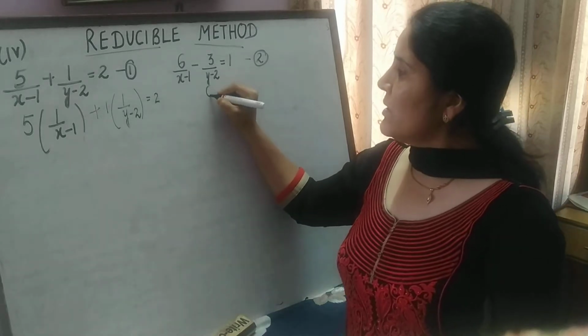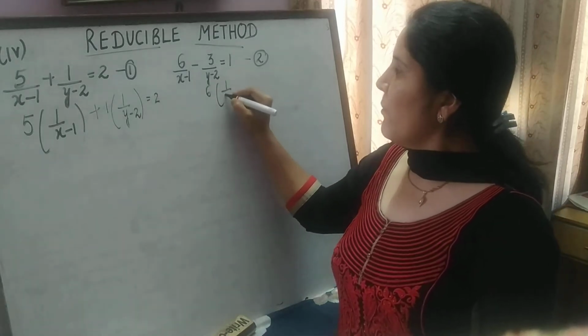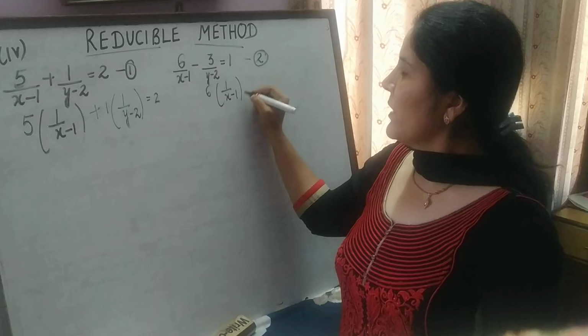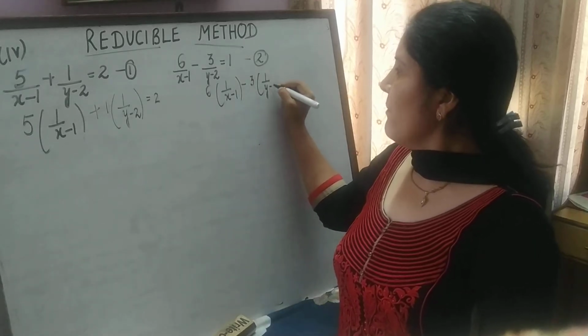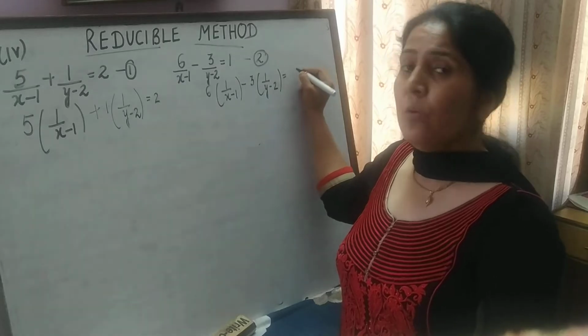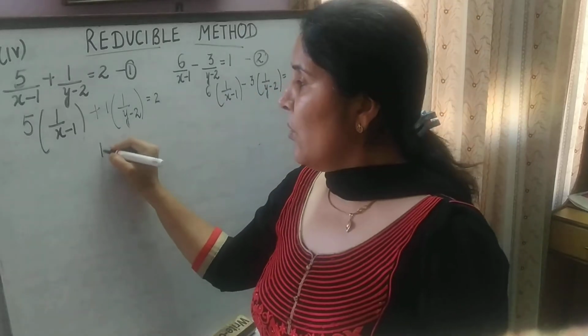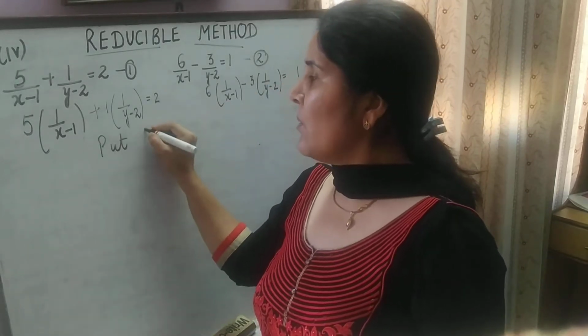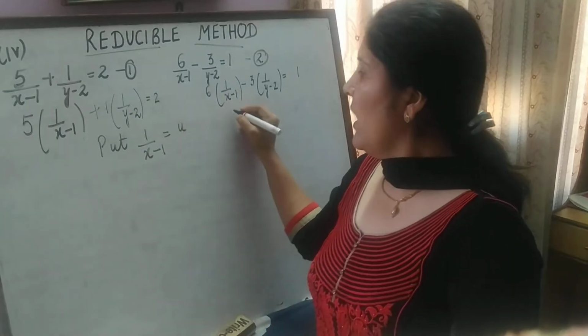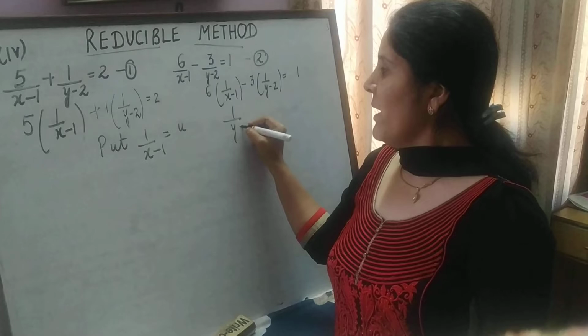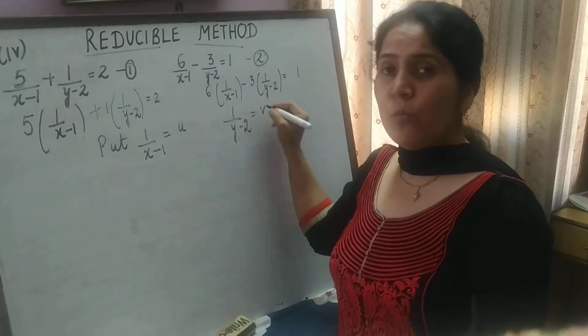Similarly, here also, 6 into 1 upon x minus 1 minus 3 into 1 upon y minus 2 is equal to 1. Now, what I am doing is, put 1 upon x minus 1 is equal to u and 1 upon y minus 2 is equal to v.